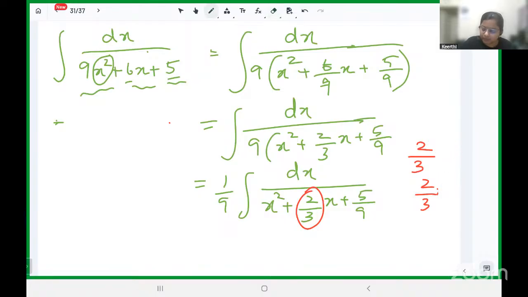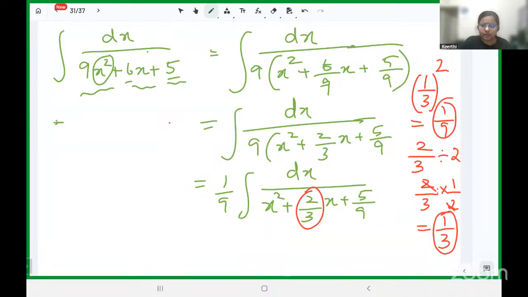Half of 2 by 3 means 2 by 3 divided by 2. So this will become into 1 by 2, and this will get cancelled. So the value is 1 by 3. Half is 1 by 3. We need to take the square of half. 1 by 3 square is equal to 1 by 9. Take the coefficient of x, take half of it, then square it. So which is the number that we have to add and subtract? It is 1 by 9.